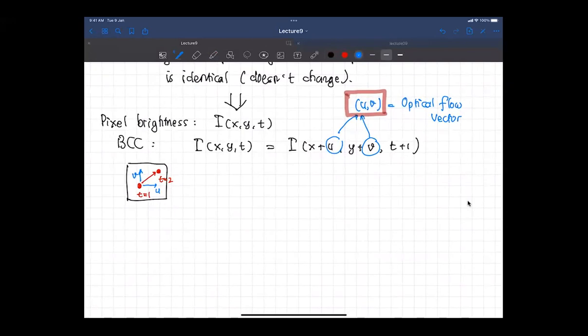Okay, so let's get into this notation here. I(x, y, t).